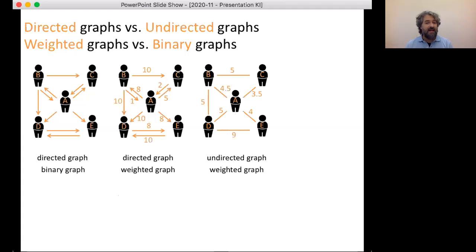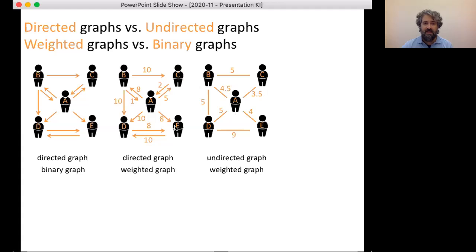Then we can make an undirected graph, where we just have a connection between individuals and a weight. You see that this undirected weighted graph is obtained from this directed weighted graph, taking as value of the connection between two individuals the average of the two directed connections between these individuals.